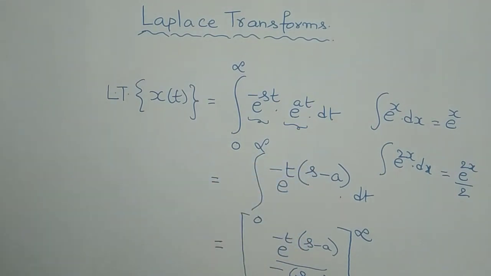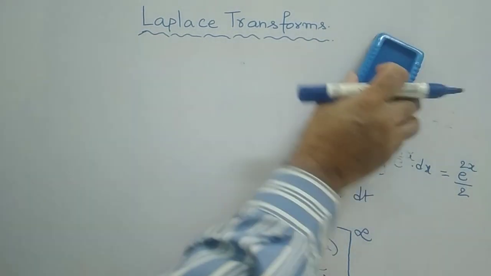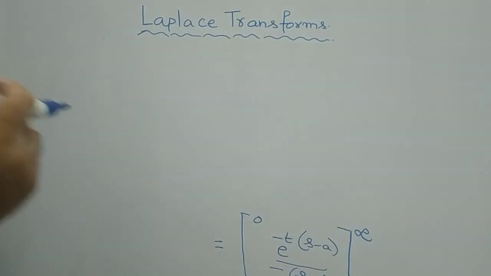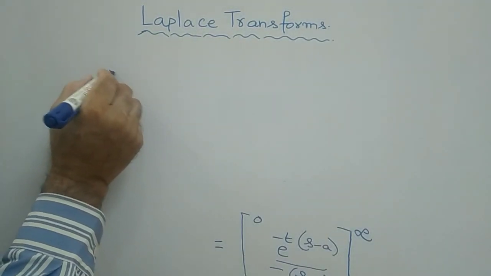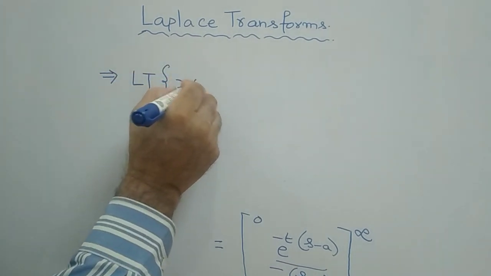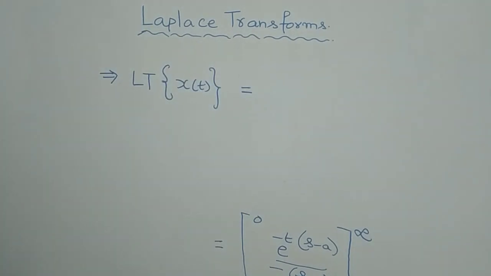In the next step, this can be written like this. This implies that everything we are solving is for the Laplace transformation of x(t) only. Don't forget that. This is equal to, see, minus (s-a) is in the denominator.